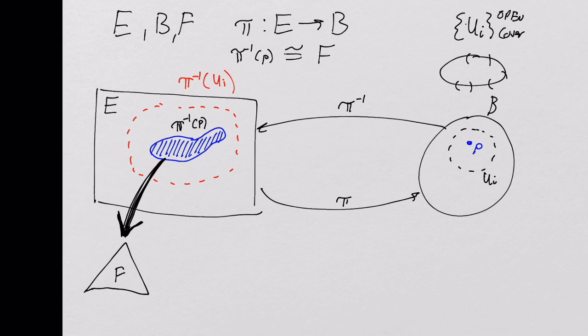And that is going to be open in E because we are defining the topology of E to be the set of all the preimages pi inverse of U_i, such that U_i is an element of the topology of B. So all of the preimages of the sets U_i, where U_i is any set in the topology of B, are going to be thrown into a bin, this set, and that's going to be the topology of E. I'll let you prove that this is a topology, but it is.